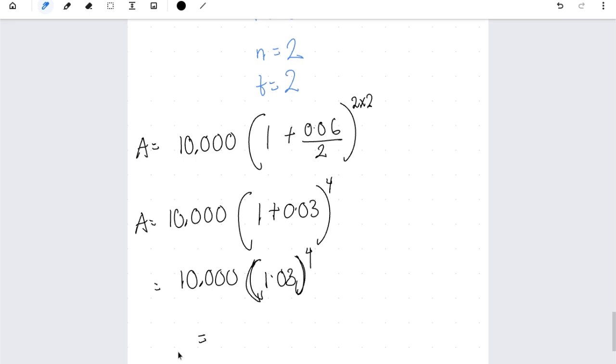So input that in your calculator. And if you do that, I'm doing that now, you should get 11,255.0881, I think. So we'll take it to 2 decimal places.